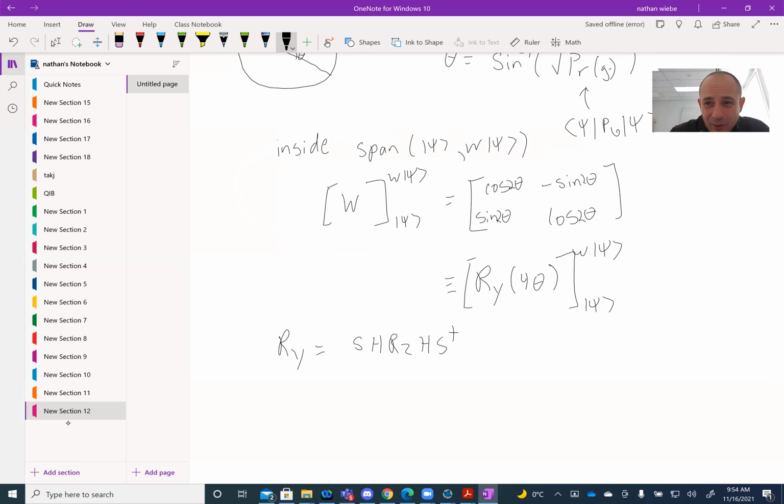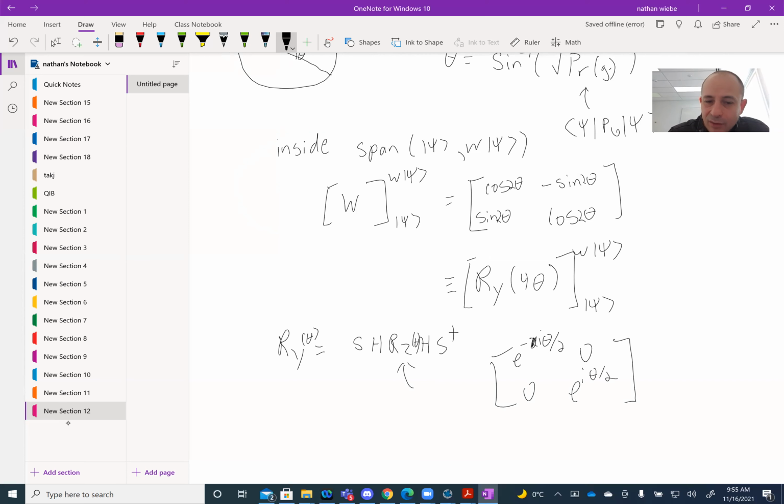I might have gotten the S and the S daggers backwards, but it still ends up showing you that the eigenvalues of this are the same as this, and Rz is equal to e to the negative i theta over 2, 0, 0, e to the i theta over 2.